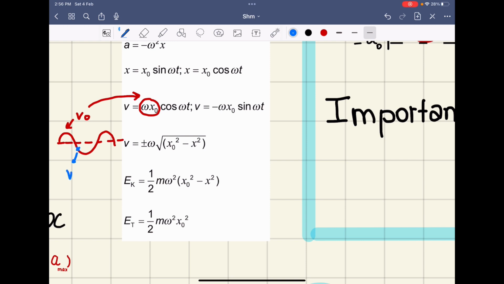To find the velocity at this point, you do omega times the square root of x0 squared minus x squared, with x of this point specifically. Now, to show you that we can go from this relationship to this one, when x is x0, you will see that v is equal to omega times the square root of x0 squared, which is omega x0. And we go back to the maximum velocity of the system.